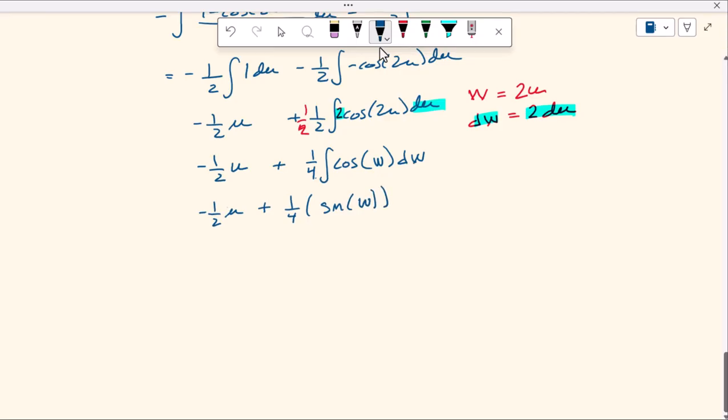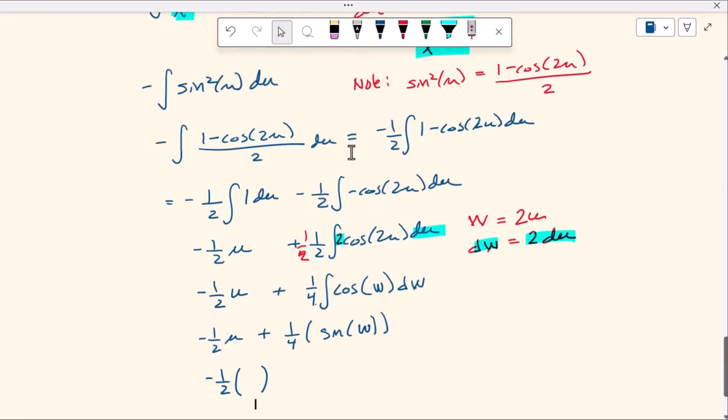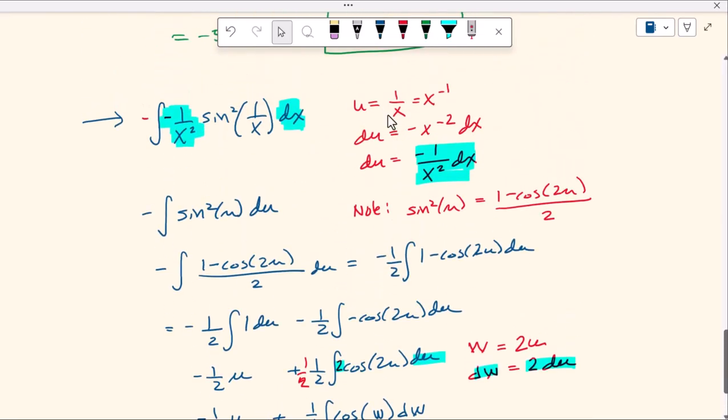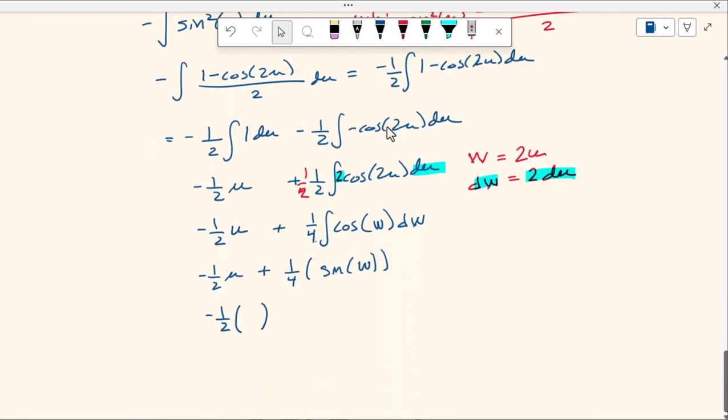Okay, so now I'm ready to do my substitutions. So now let's go backward. What was u? Well, u was way back here at the beginning. So u was 1 over x. So let's make that substitution. Okay, and now w was 2 times u.